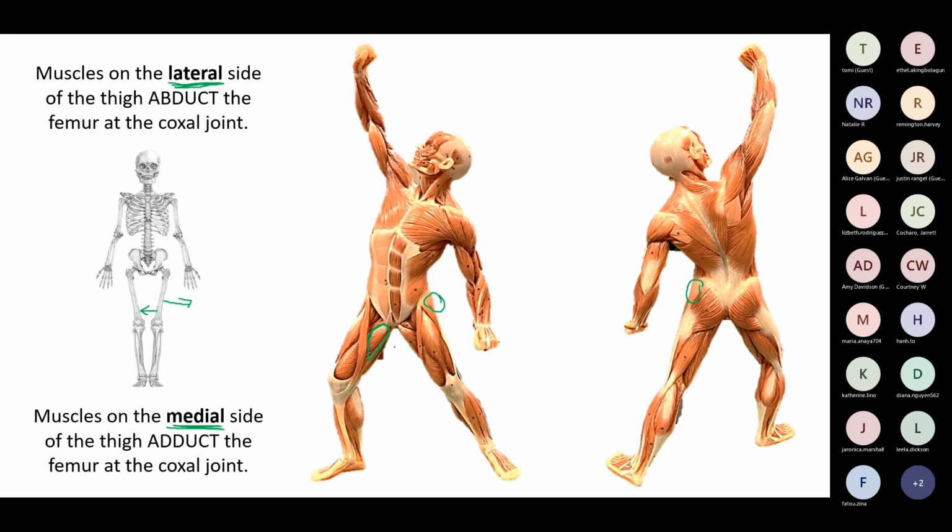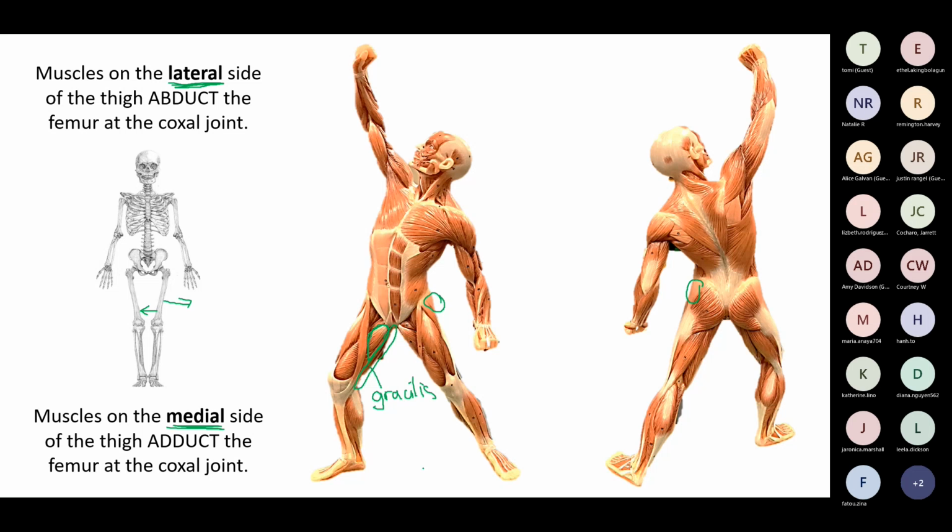But if I didn't know that its name told me what it did, it lives on the medial side of the thigh, so it's going to pull the thigh medially. Or we've got this long, skinny muscle that's here in the middle of the thigh. That's the muscle called gracilis. It's found medially, so gracilis is going to help me with adduction, pulling things back together.